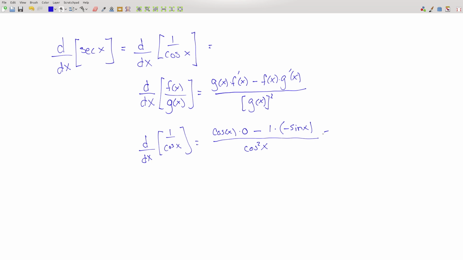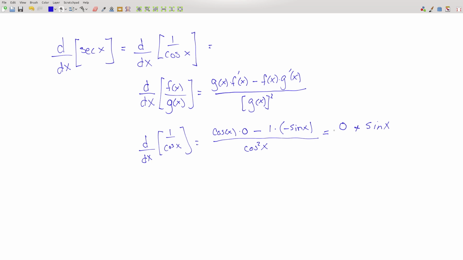Let's simplify the numerator. So the cosine of x times 0 is, of course, just 0, minus 1 times negative sine x. So this is 0, the negative 1 times, this becomes plus the sine of x.